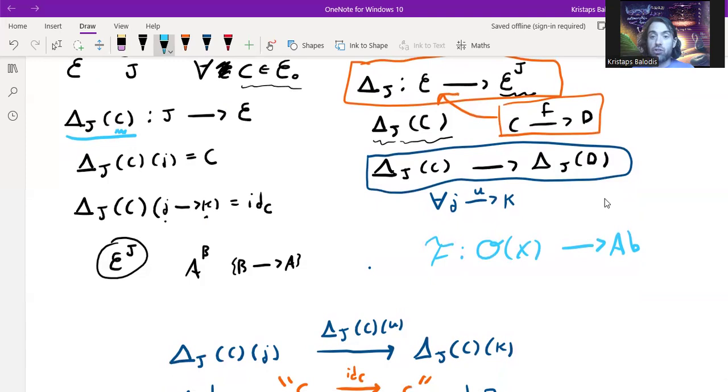Well, the J is playing the role of the category of open sets. The sections of our sheaf are indexed in some sense by open sets in our topological space. There's one of these corresponding to every U.